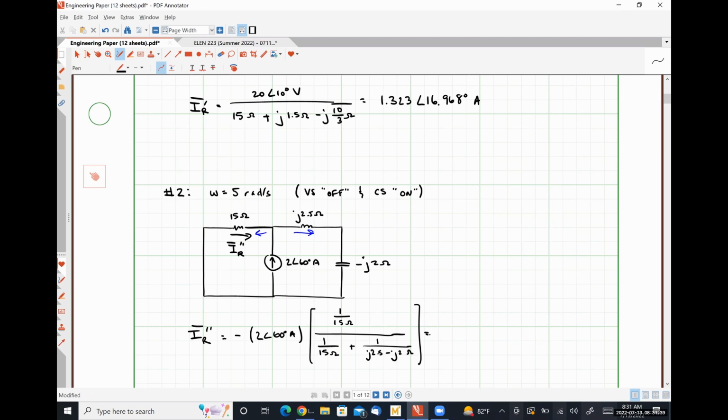I get 0.067 angle negative 31.909 degrees.